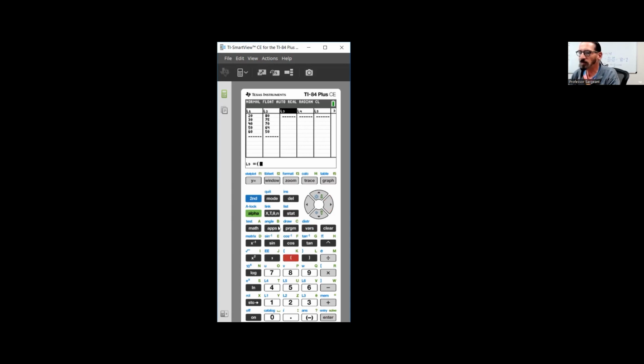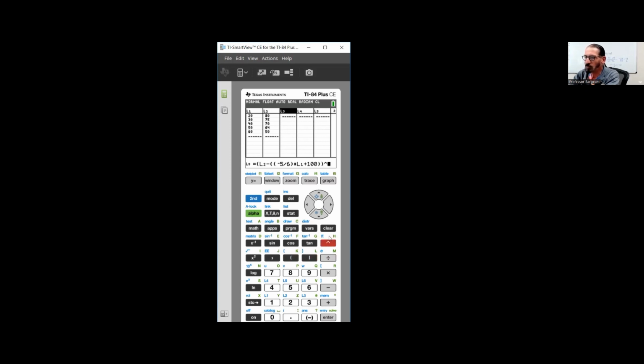Tell it what's in L2, the observed y value, minus parentheses, and then another parentheses because that slope was a negative 5.6, times the x coordinate, which was in list 1, plus 100. Okay, let's see. One, two, three. Yep. Okay. So that would be observed minus predicted. That would be the residual.